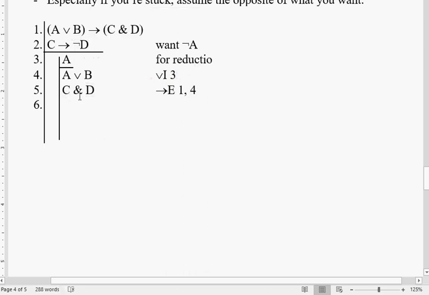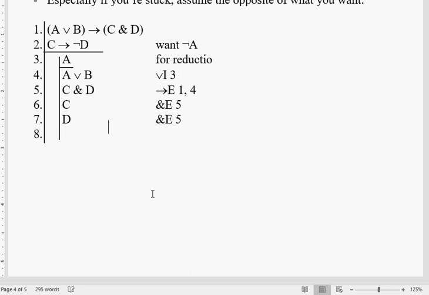So I'm thinking that my contradiction here is going to be D and not D. And so I'm going to plan ahead. I'm going to simplify or use my conjunction elimination. I'm going to get C on line 6. So that's going to be my conjunction elimination from line 5. And I'm going to get my D also from conjunction elimination line 5.